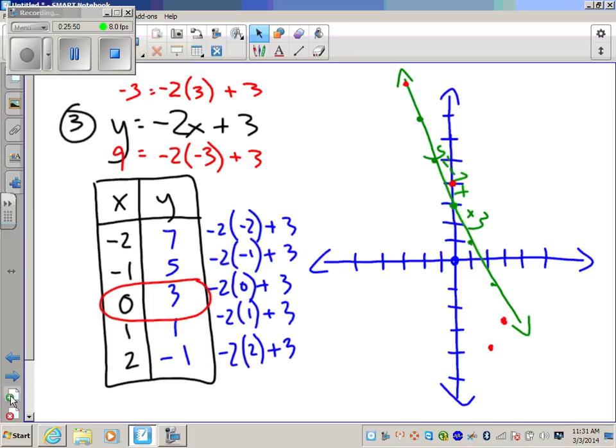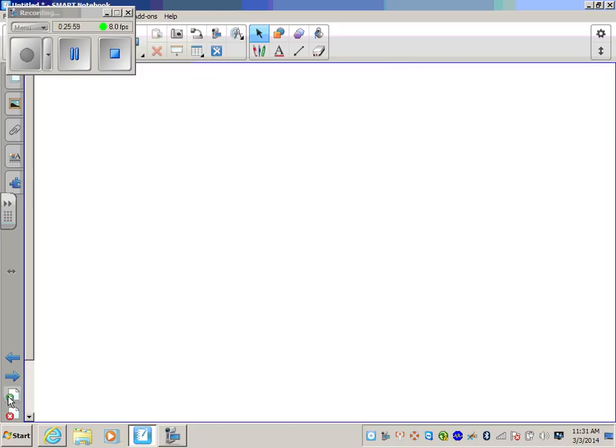Flip it over. Graphing functions. I'm only going to assign to you numbers 1, 2, and 3 for tomorrow. Complete the function table. Here, let me show you something real quick so you don't get confused.